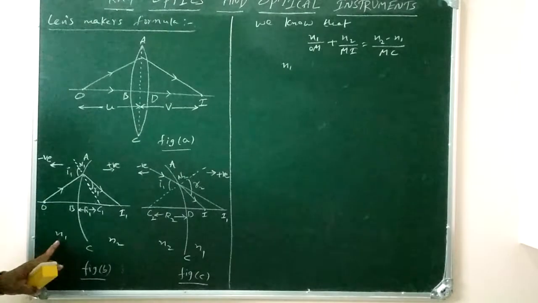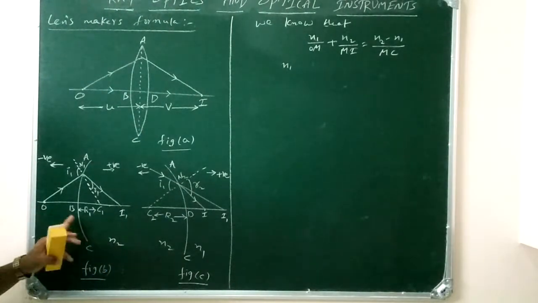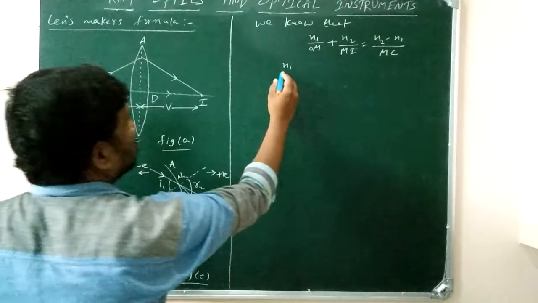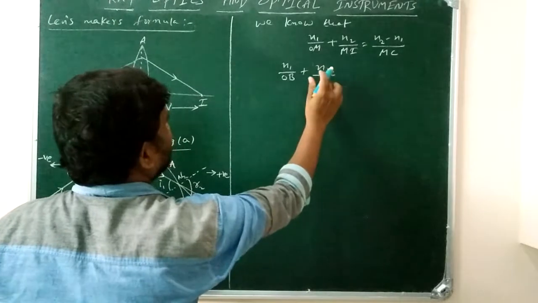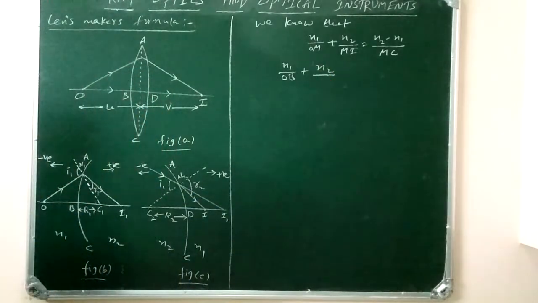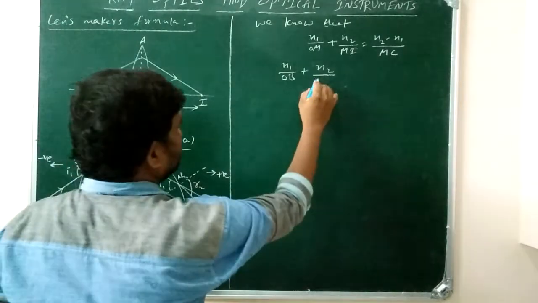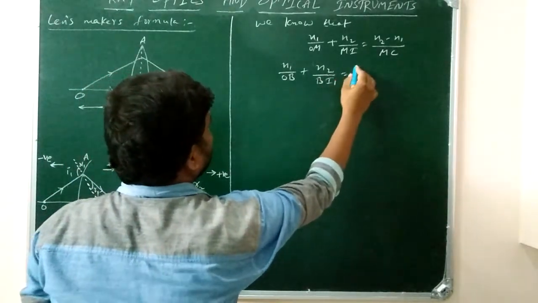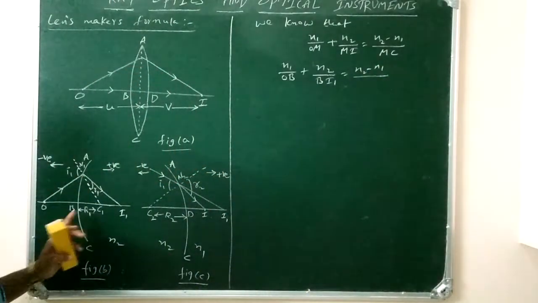n1 is the refractive index of the first medium, n2 is the refractive index of the second medium. n1 by object distance OB plus n2 by image distance BI1 is equal to n2 minus n1 by BC1.